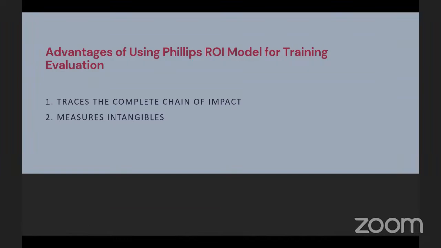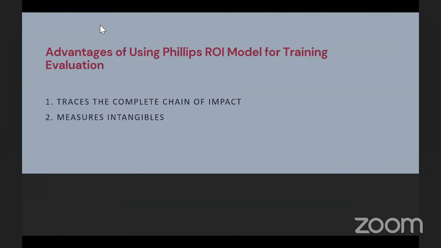So when you go through all the levels, you will come to know what the problem is. In case your training program has gone for a loss, you will come to know why, because you have gone through all 5 levels, and that is how you will know that at this particular level there was a problem, and that is the reason this training program has not worked fine. So yes, it traces the complete chain of impact.